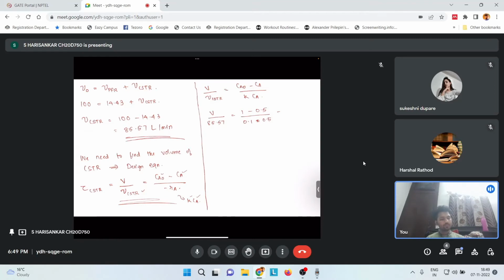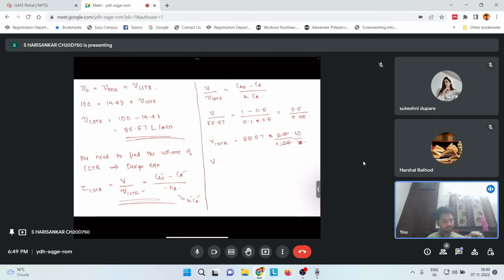So if we do the right hand side, it will be 0.5 by 0.05. So V, the volume of CSTR, will be equal to 85.57 into 0.5 by 0.05. So this is basically 1 by 10. Sorry, that is 10 by 1.